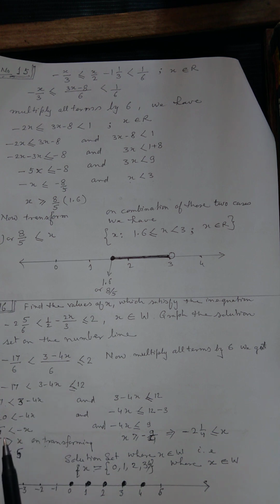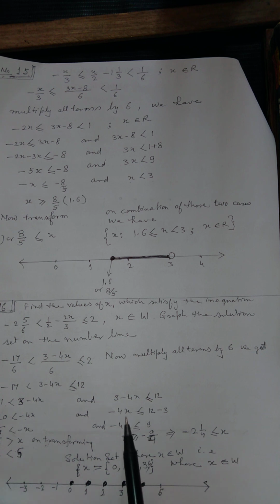Now divide by 4 to both the sides, we will get minus 5 less than minus x. Again you see, if you just multiply by minus 1 to both the sides, you will get 5 greater than x, and now transforming it, you will get x less than 5. This will be the first part.